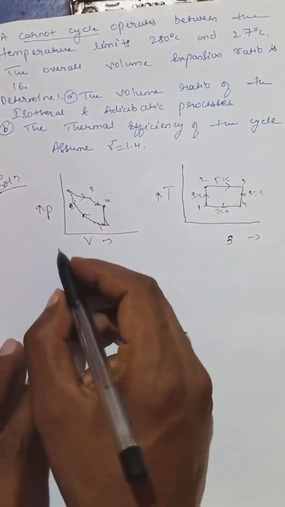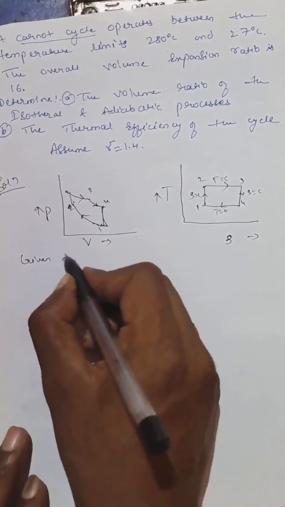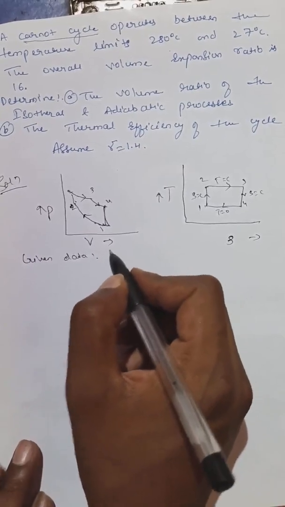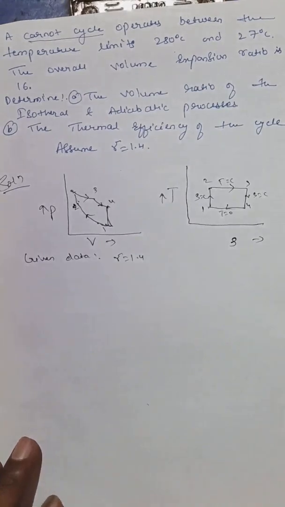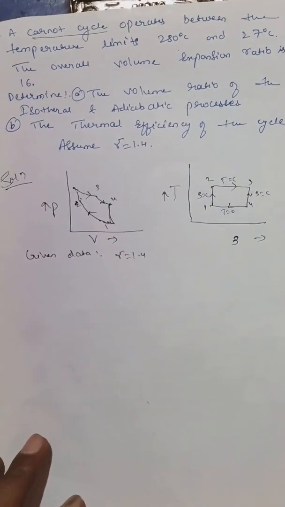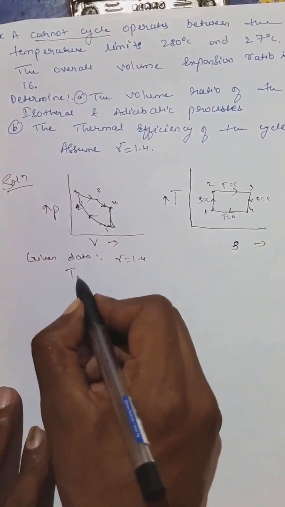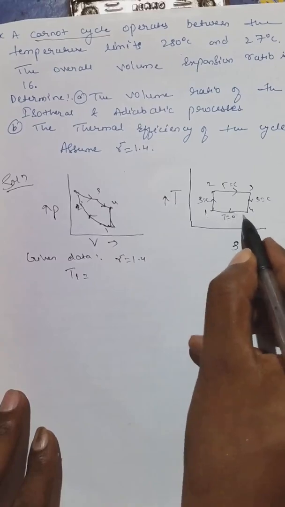So first you need to write down the given data. What are the given data here? Gamma is equal to 1.4, as well as the temperature values are given. The lower temperature limit is T1, or you can also take it as T4.